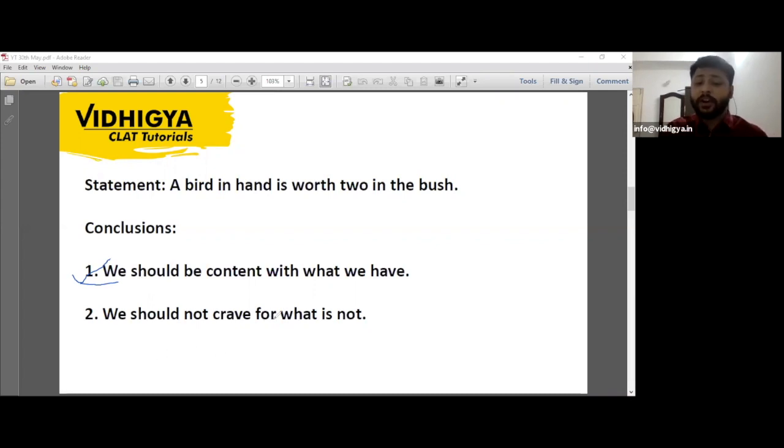When you say we should not crave for what is not, it seems like this is not practicable at all. I don't have a law degree. What is the reason behind my chasing down this thing? And why should I keep it as a goal? कि मुझे लॉ करना है, मुझे I want to get into an NLU, I want to get in the top 3 NLU, I want to get to Bangalore, I want to get to Hyderabad, I want to get to Bhopal or any other law institute that you like, right?